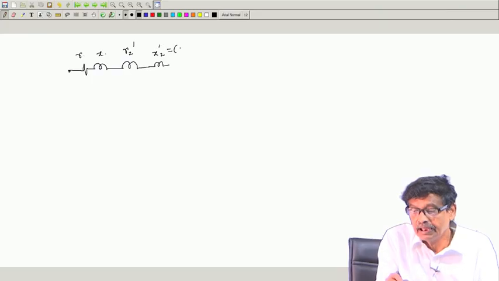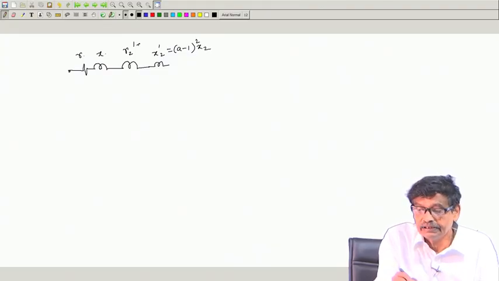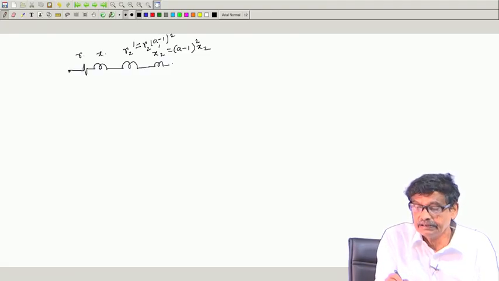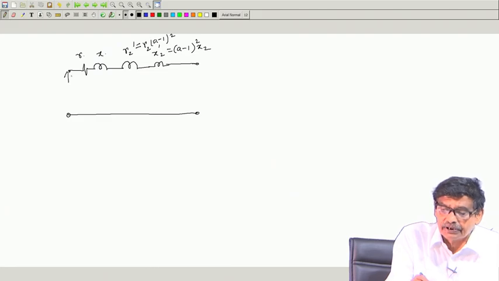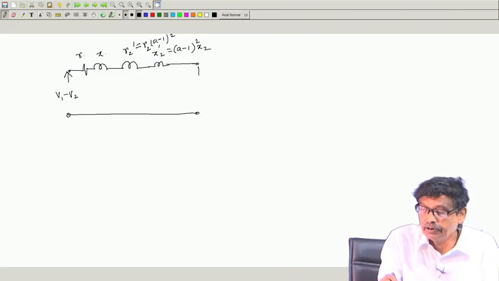It is equal to A minus 1 whole square into X 2, and R 2 dash is the actual resistance R 2 into A minus 1 whole square. Magnetizing branch, till now we have neglected; that can be easily incorporated later. This voltage was V 1 minus V 2, and this voltage is A minus 1 times V 2.